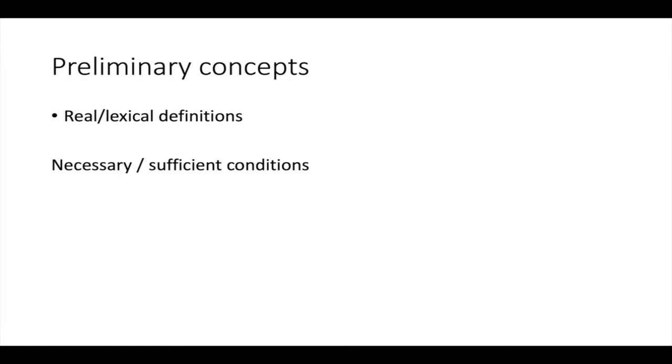You can't be a dog if you aren't also an animal. So being an animal is necessary for being a dog. We're saying, what does a thing A have to have in order to count as a thing B, a kind of thing B? Okay, so a necessary condition is something A has to have in order to count as a B.